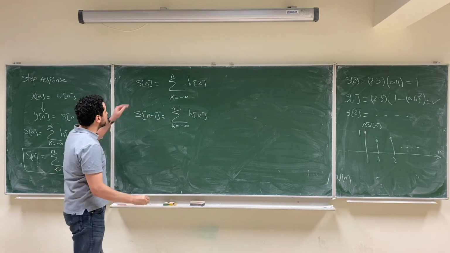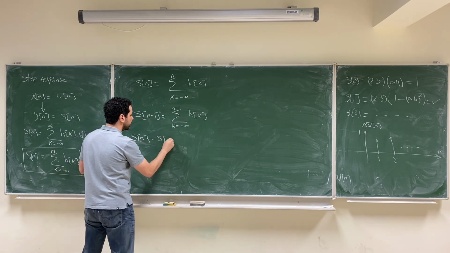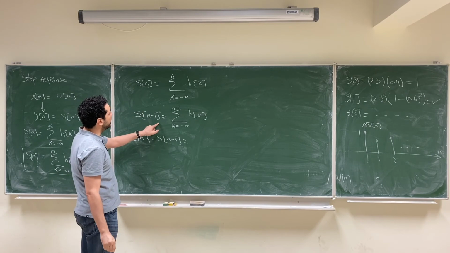Now let's subtract s[n] minus s[n minus 1]. What do we get if we subtract s[n] minus s[n minus 1]?